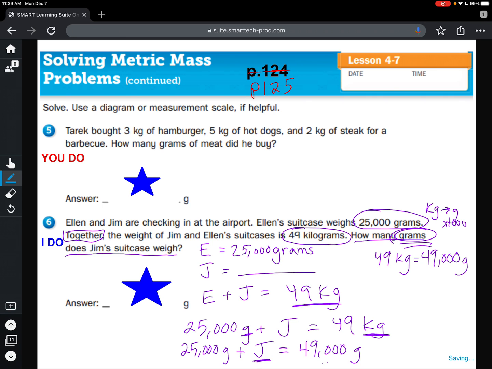How can I solve to figure out how much Jim's suitcase weighs? Well, I'm going to do 49,000 minus 25,000, and that will tell me how much Jim's suitcase weighs. 9 minus 5 is 4, and 4 minus 2 is 2.